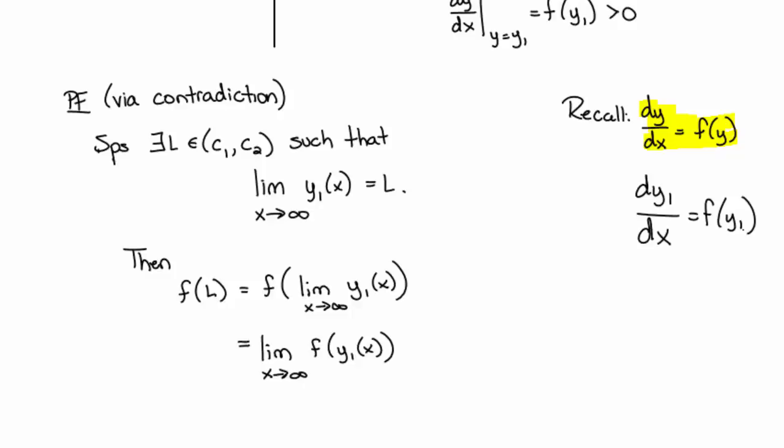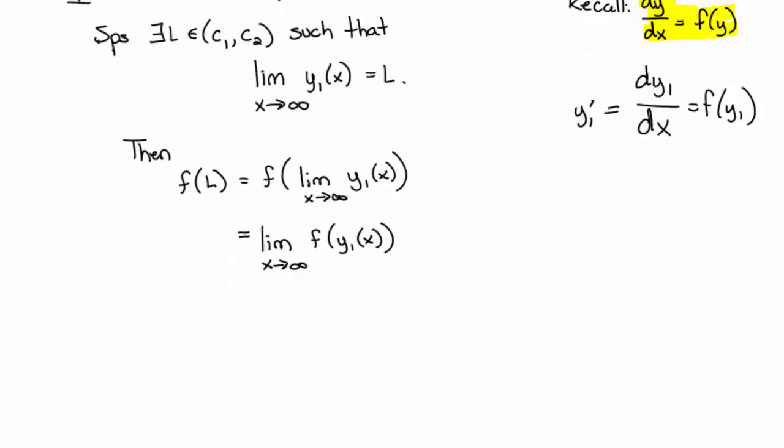Which is just a fancy notation for y sub 1 prime, so I'm going to use the Lagrange notation rather than the Leibniz notation. So this f of y sub 1, I'm going to replace with the limit as x approaches infinity of y sub 1 prime, technically of x.